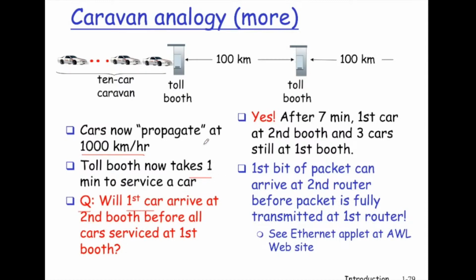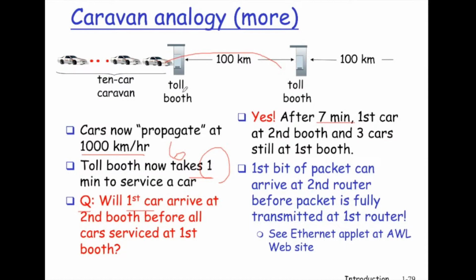Let's see when the first car arrives at the second toll booth. Transmission delay, 1 minute. Propagation delay, we have 100 kilometers, but we're traveling 1,000 kilometers, so we'll be spending 1/10 of an hour propagating, and that's 6 minutes. Together, 7 minutes. So the first car will spend 7 minutes before arriving at the second toll booth.